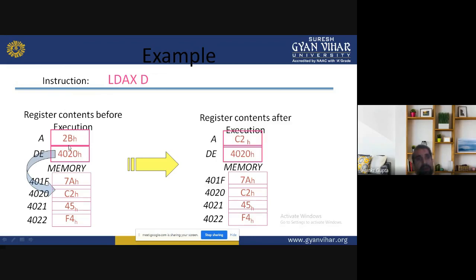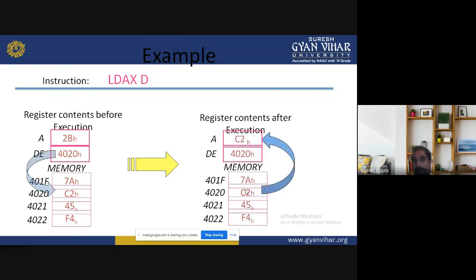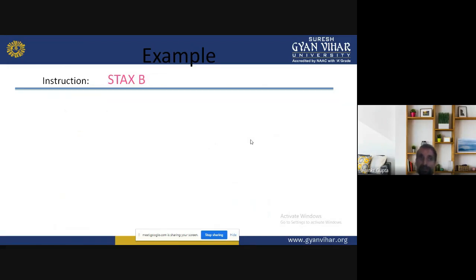Suppose A has 2BH and DE has 4020H. What data does it have? C2H. So that data will be transferred to the accumulator. What is the length of this instruction? Its length is a 1 byte instruction.